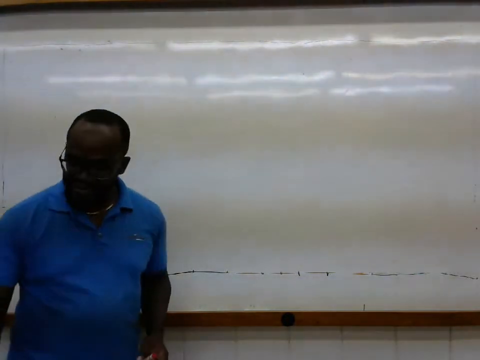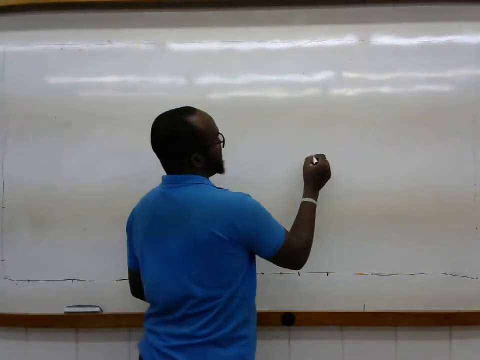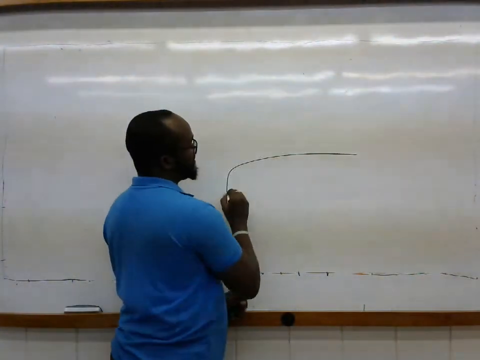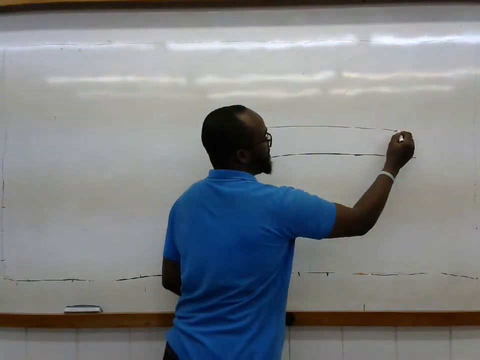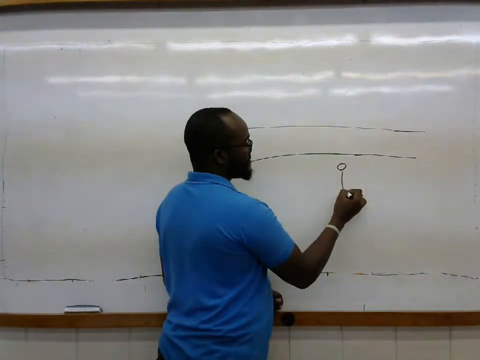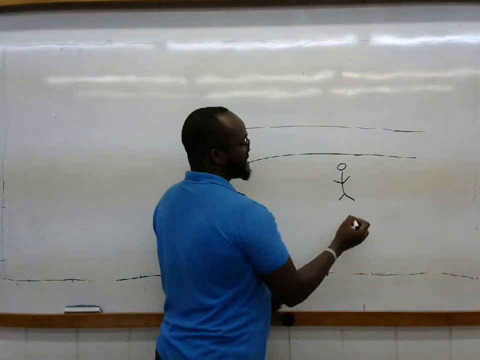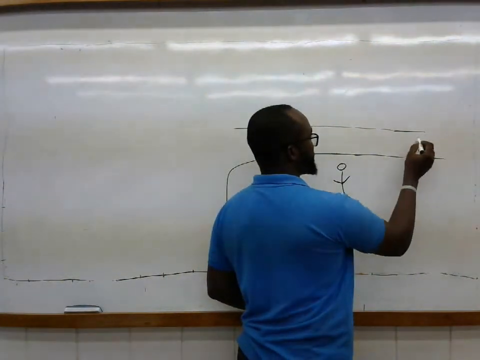Okay, so next we go on to the data reduction for the speed study. So you'll recall when we were doing the speed observations, we requested that you, the observer, would be stationed at a particular spot upstream of the intersection.